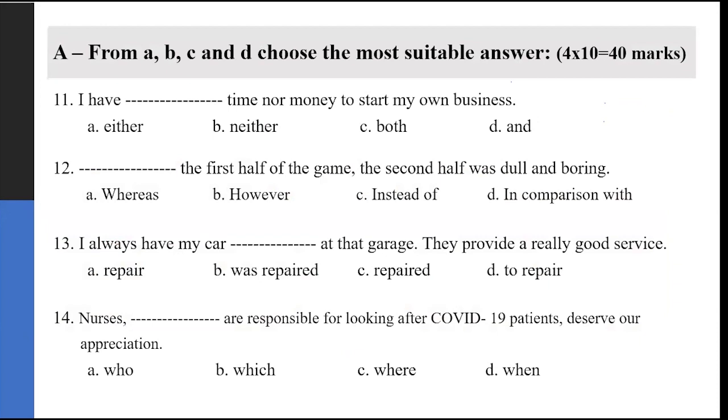Okay, I'm going to give you now just about 7 or 8 questions. Okay, they are from the mock exam. I want a volunteer to read out number 11, please. Can I have a participant?